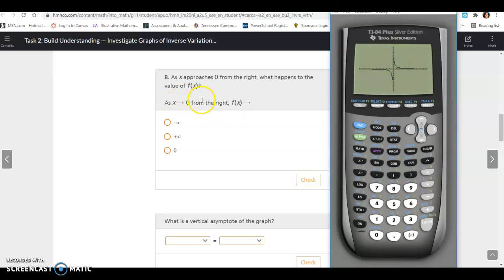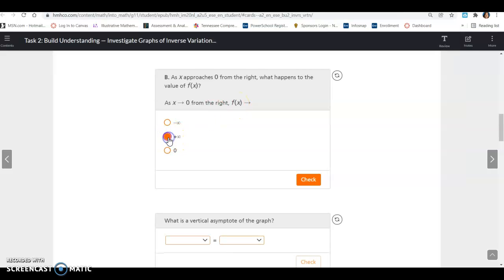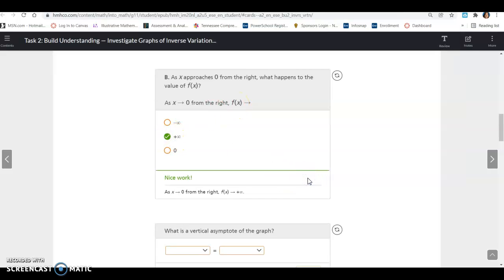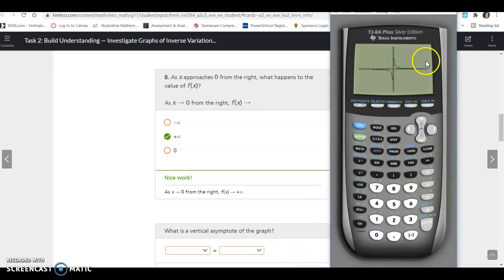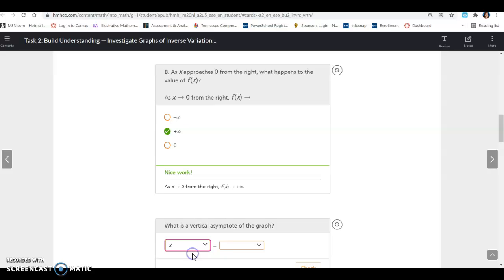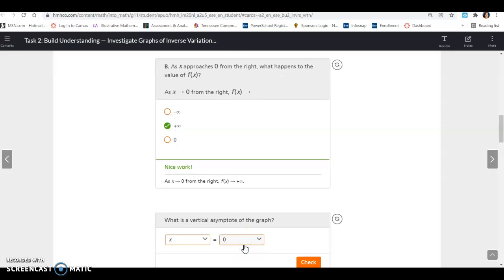So as x approaches 0 from the right, f of x approaches infinity. And again, we're only looking at the right side of the graph, so we're only looking at this piece of the graph right here. All right, so it says what is the vertical asymptote of the graph? Okay, if you look at the vertical asymptote, it goes through x at 0. So this would be x at 0.